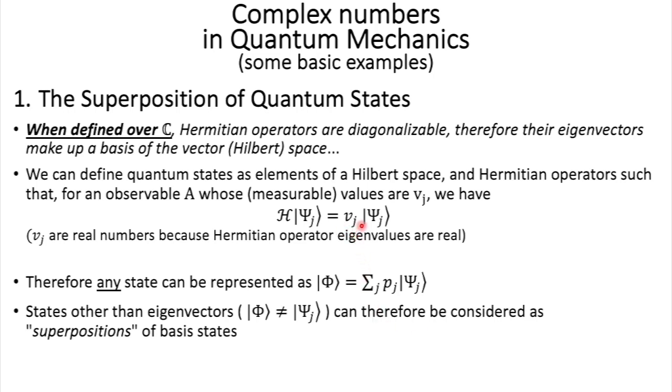Their eigenvalues are isomorphic to the values of the physical world, and any state can be expressed as a combination, or you can call it a superposition, of their eigenvectors. And all of this only works because of the Hilbert space of state vectors, which is defined over C, the complex numbers.